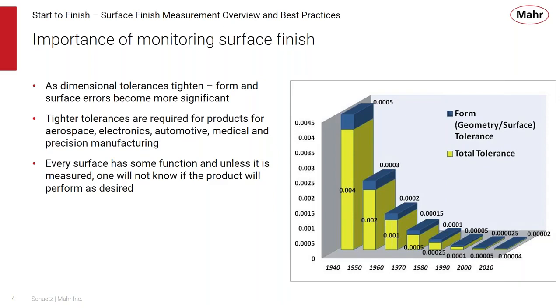Tolerances have gotten tighter and tighter, and the form tolerances have also gotten tighter. But still, that percentage of surface finish and form errors compared to part tolerances is now, it might be 25 or maybe even 50% of the part tolerance. So it's important to consider surface finish and how it can affect the part performance, appearance, etc.